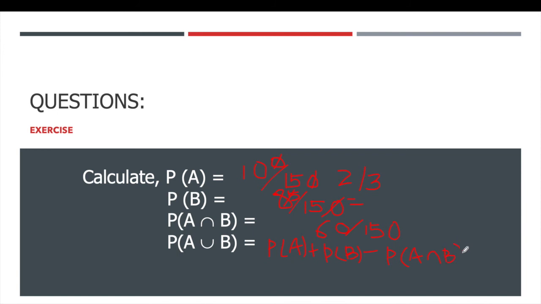Basically we have all the data here: P(A) here, P(B) here, and P(A intersection B). So just put all the values over here: 100 per 150 plus 85 per 150 minus 60 per 150. Then you're going to get the answer.